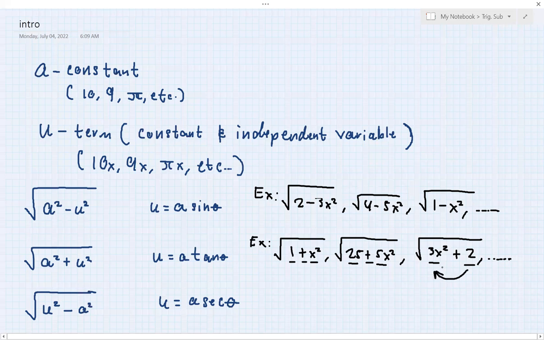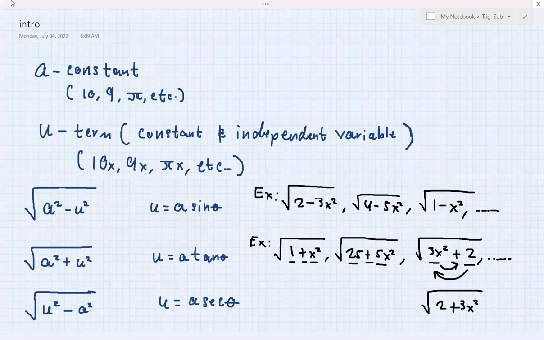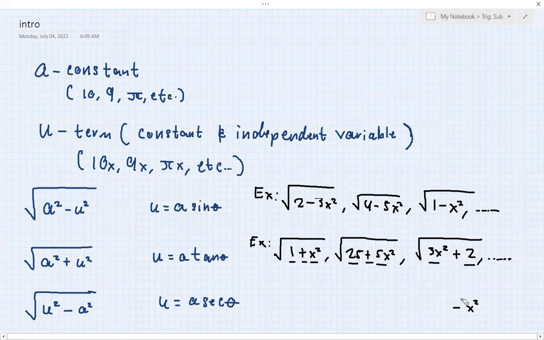So, why not interchange ko sila? So, anong mangyayari? So, this is square root of 2 plus 3x squared. May pinagbago ba? Wala. Ang changes lang ay yung position. Pero yung signs, they don't change because both of them are positive anyway. Kaya yun, pwede rin siya.